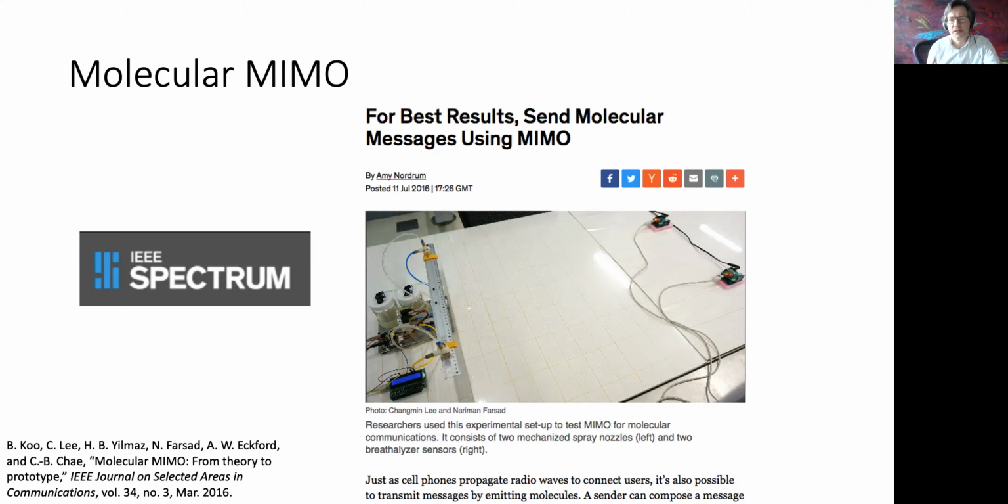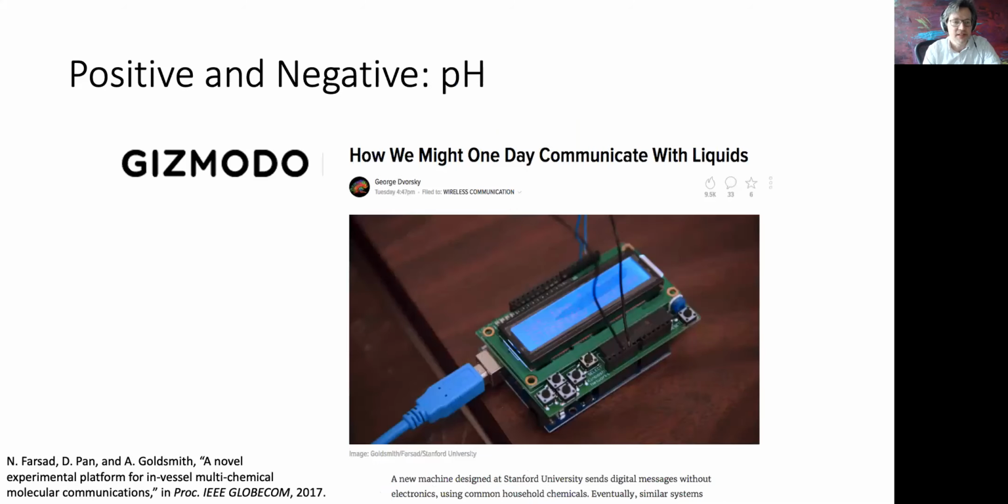One of the things that we learned was that ISI is a major problem in these systems. So the persistence of an alcohol vapor, it just lasts for minutes, and the environment ends up getting saturated, and it's very hard to send information. So his idea was, what if we could get a chemical that canceled out another chemical? And his first obvious simple idea was to use pH.